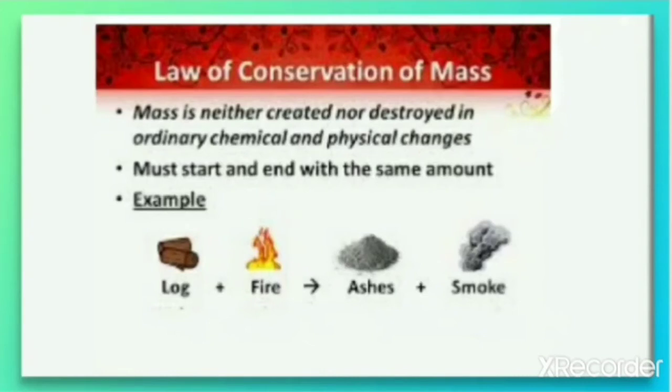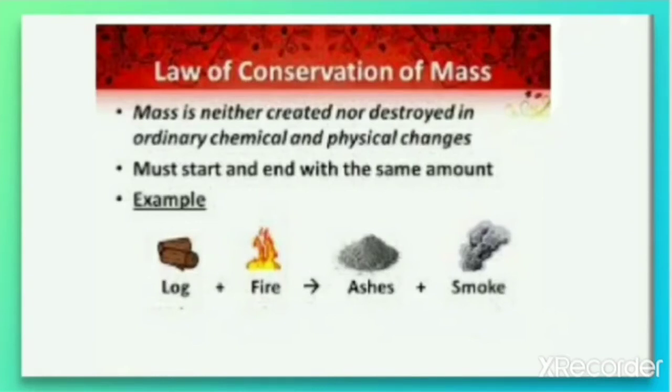You may not believe this, but here also the mass we have taken, that is the log of wood, is conserved. It is equal to the mass of ash plus smoke, because ash consists of some substance with its mass, and the smoke also consists of substance, molecules and atoms.